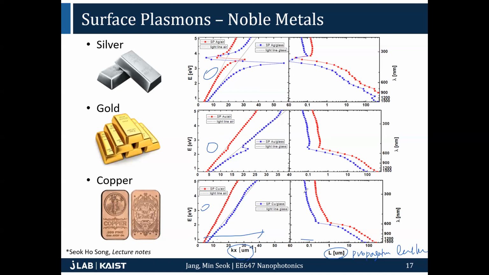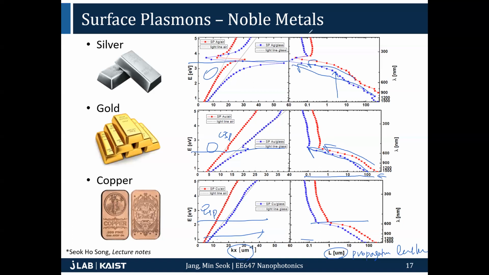And as I said earlier, as the wave approaches the surface plasma frequency, the propagation length becomes shorter and shorter, right? Significantly shorter. Here too, the propagation length becomes significantly shorter as it approaches the surface plasma frequency. And this is a log scale, so it's going rapidly shorter, and also the same here.